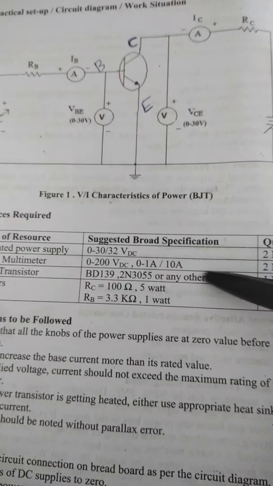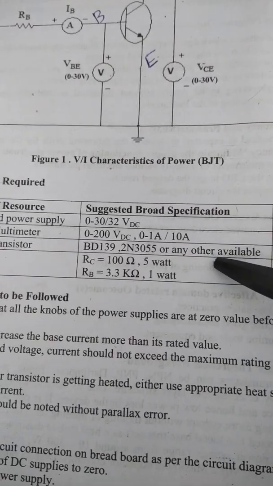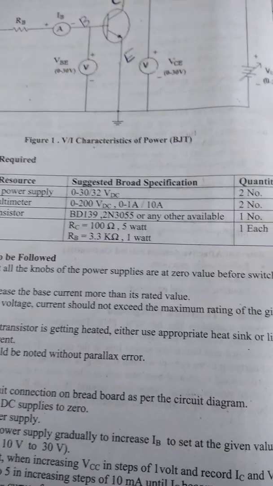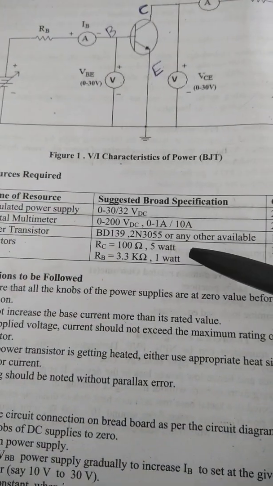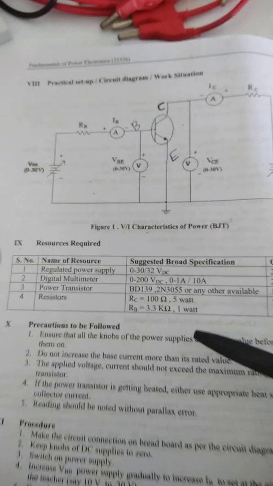It is BD139 power transistor or 2N3055 power transistor, or any other suitable power transistor we can use. Resistors are 100 ohm, 5 watt, and 3.3 kilo ohm, 1 watt.